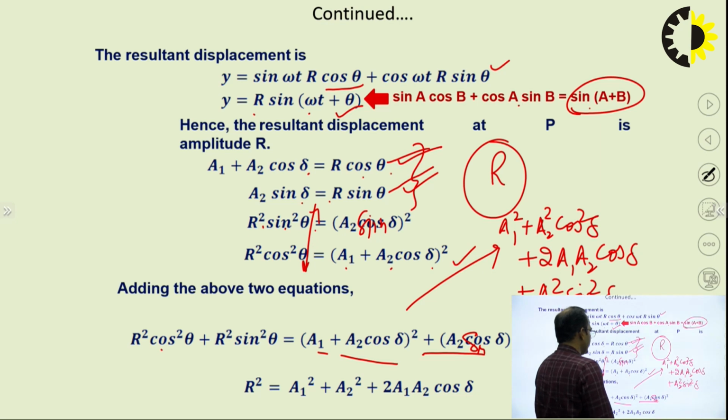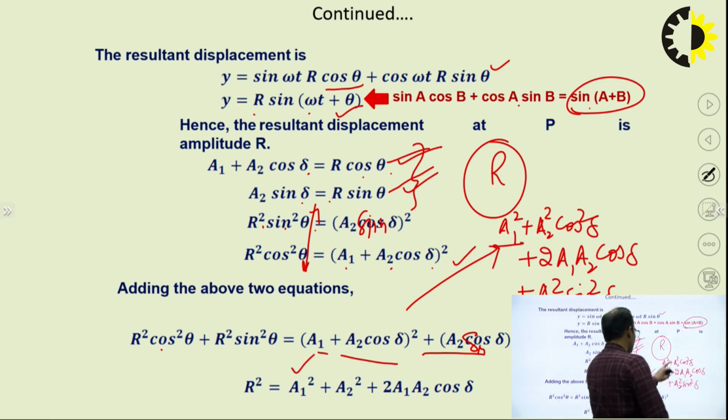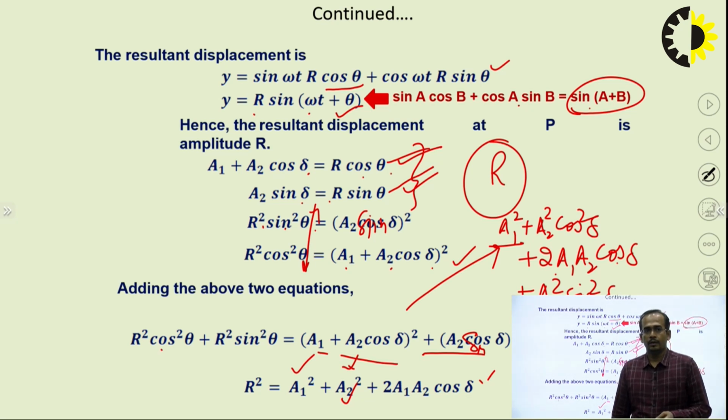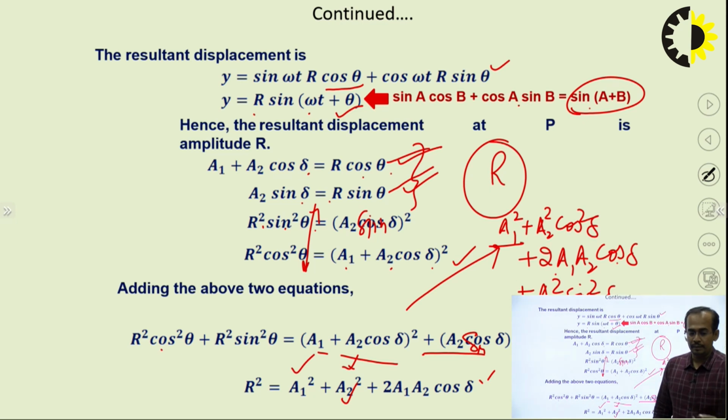So you can simplify this. A1 square is as it is. A2 square cos square delta plus A2 square sin square delta is nothing but A2 square, plus 2 A1 A2 cos delta. So this is the resultant amplitude of the two waves at point P.